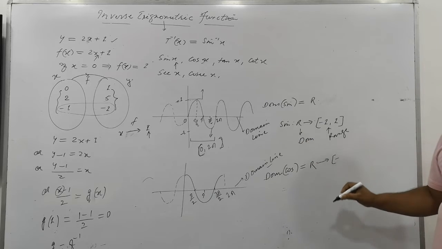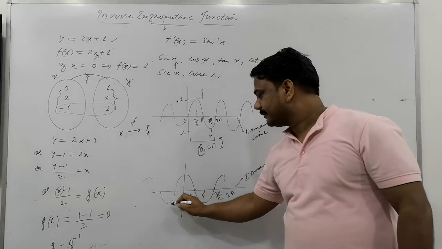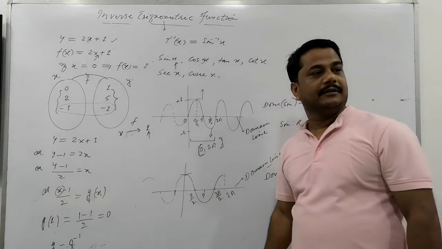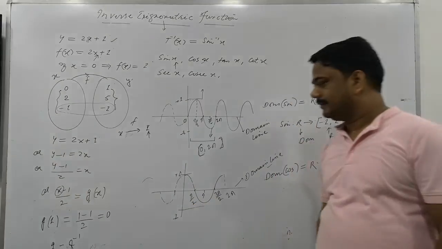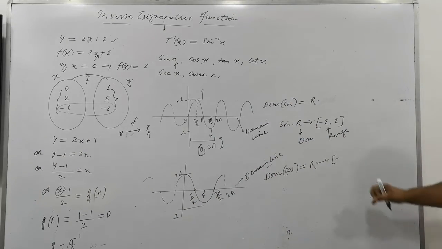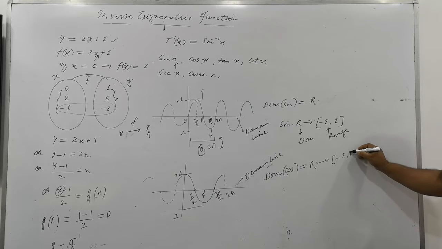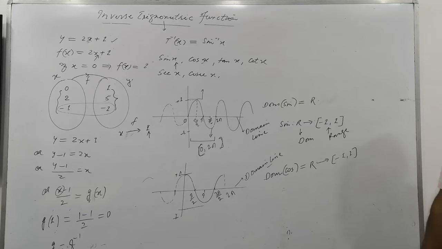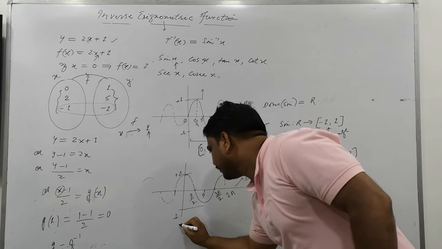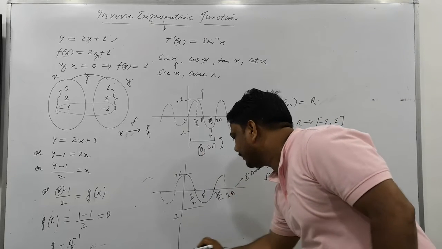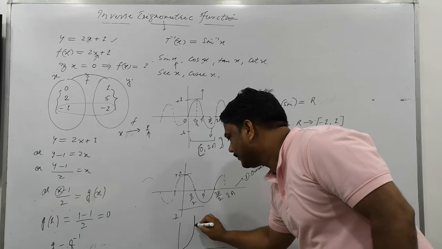It is also the same for cos. What is its maximum value? +1, and its minimum value is -1. So the range of the cos function is also the same. Similarly, can you tell me the graphical representation of the third function, tan? The graph will be of this type.